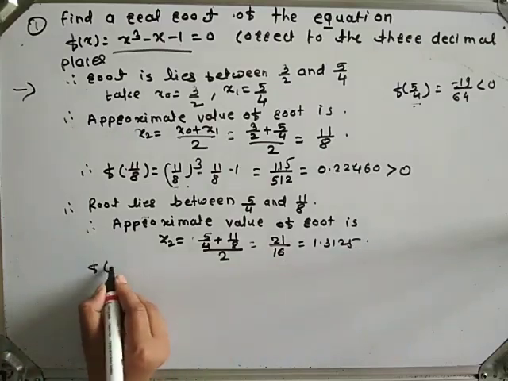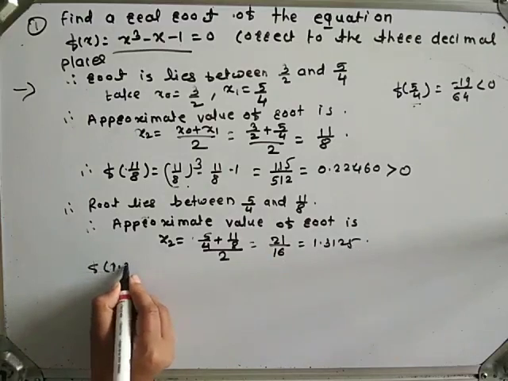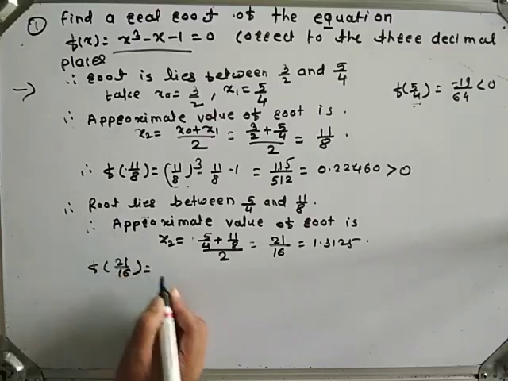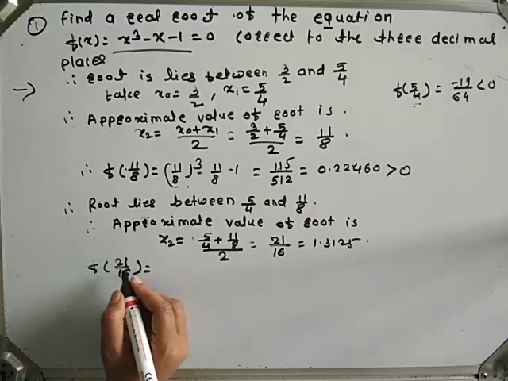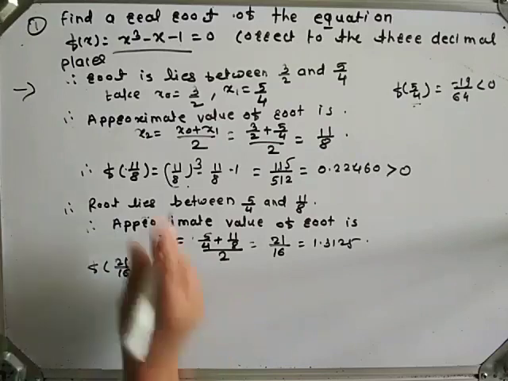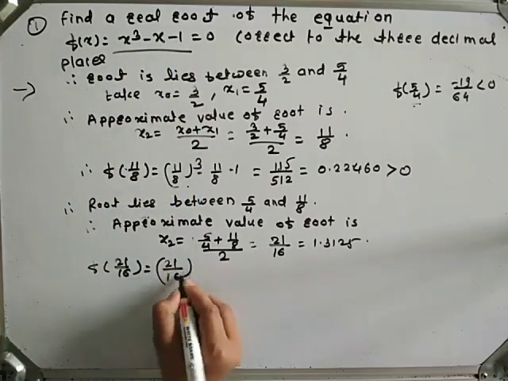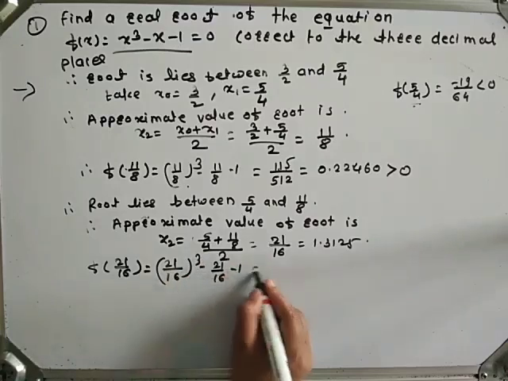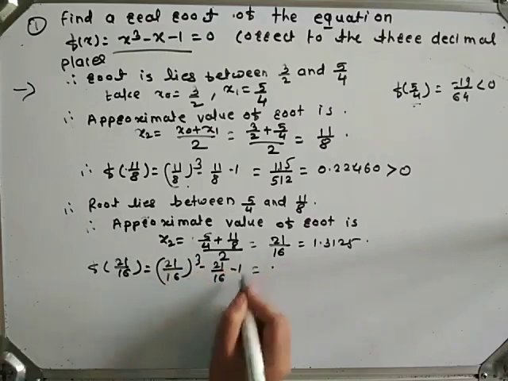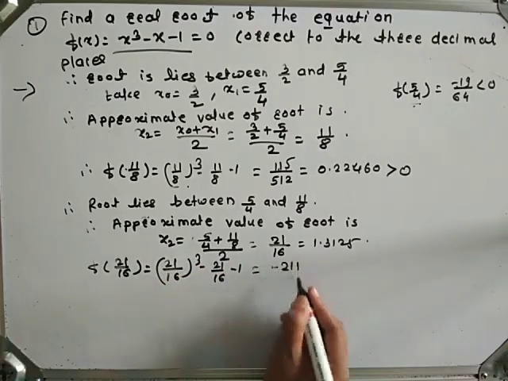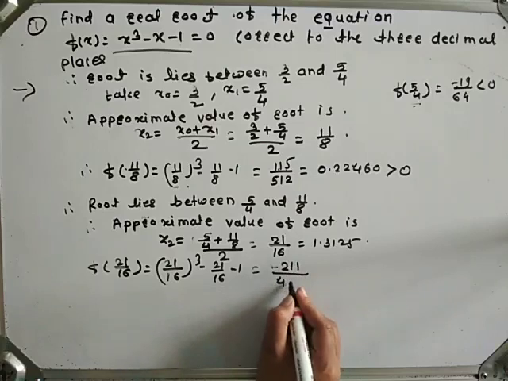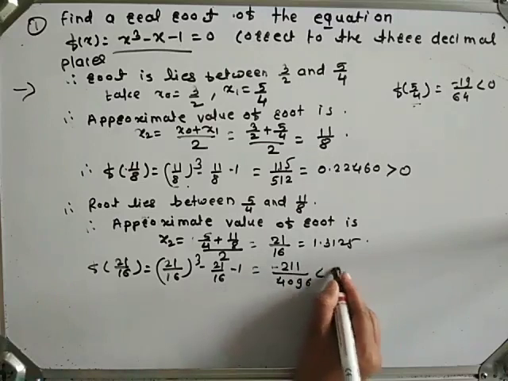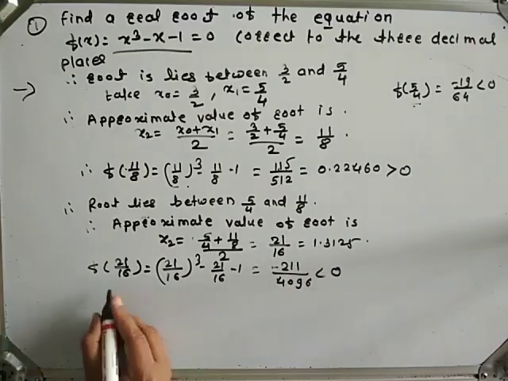Now we calculate the value of f at x2, that is 21/16, which is equal to (21/16) cube minus 21/16 minus 1, which after solving this we get minus 211 upon 4096, which is strictly less than 0.